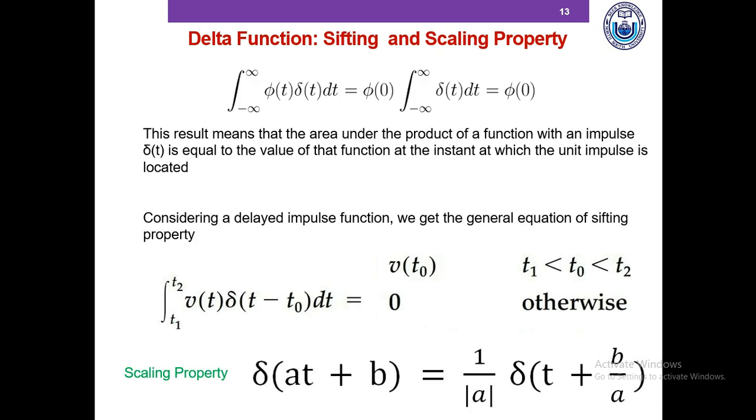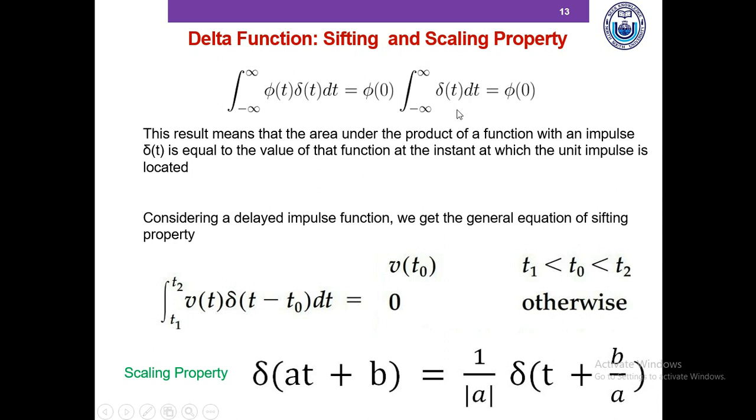The sifting property involves the integral from minus infinity to infinity of φ(t) δ(t) dt, which is equal to φ(0). The sifting property can be proven using the sampling property. The integral of φ(t) δ(t) is equal to the integral of φ(0) δ(t), and φ(0) is a constant. It can be taken out of the integration, and we end up with the integral from minus infinity to infinity of δ(t) dt.